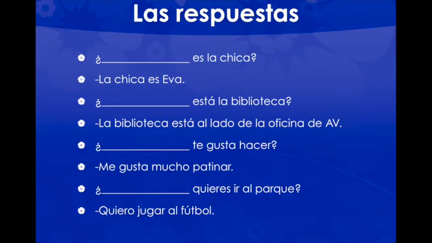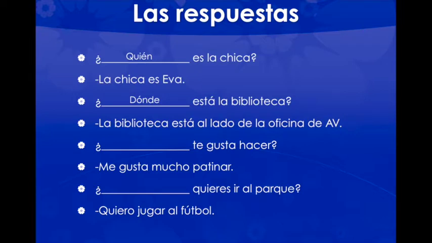So a practice you have in your notes. If the answer to the question is the girl is Eva, the question is who is the girl? ¿Quién es la chica? If the answer is the library is next to the AV office, we're asking where is the library? ¿Dónde está la biblioteca?